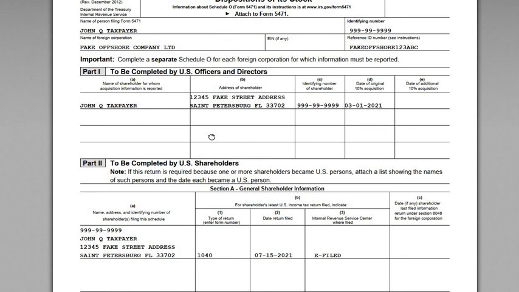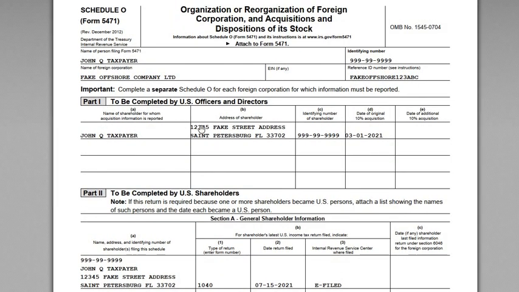Now, what's the Cat 2 filing situation? Cat 2 filing, if we remember, right, this is when you have a U.S. person that is an officer or director of the company, not necessarily an owner, right? So you can have someone who is an officer or director, they're not a shareholder, but while they're an officer or director, there's somebody that comes in that's a U.S. person and acquires enough stock to meet this Cat 2 situation.